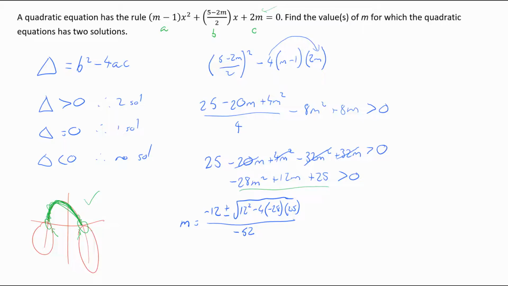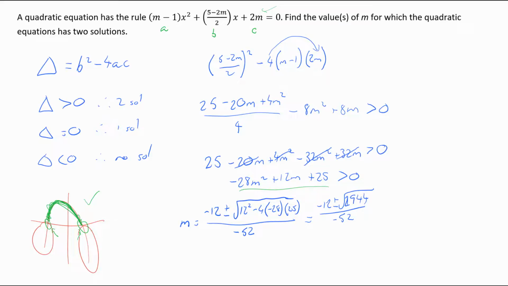So I'm just going to quickly grab my calculator and go 12 squared minus 4 times negative 28 times 25, which gives us 2,944. Cool. So negative 12 plus or minus the square root of 2,944 over negative 52.